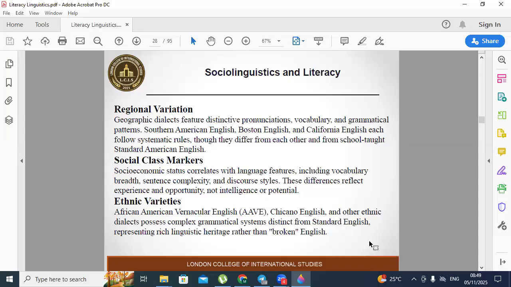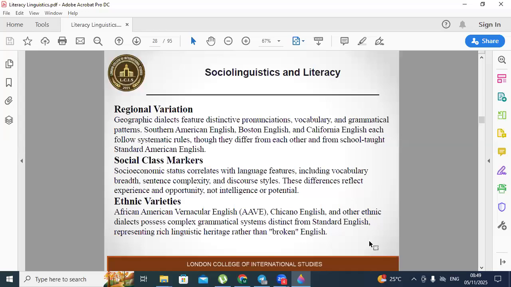Let me explain why. Every student comes to school speaking a particular variety of language shaped by their region, community, family, and social experience. For some students, their home language closely matches the English used in school and in books. For other students, there is a significant mismatch.